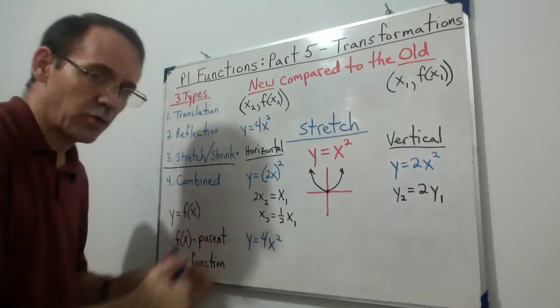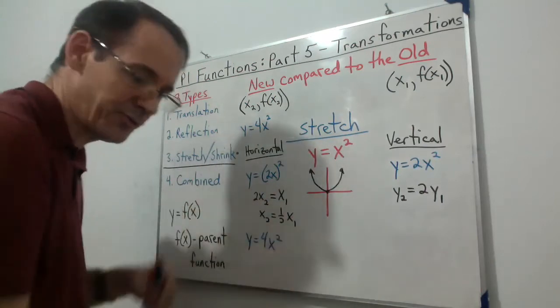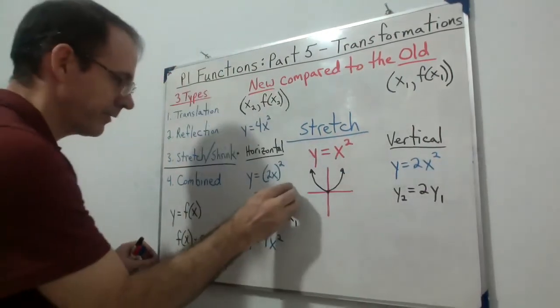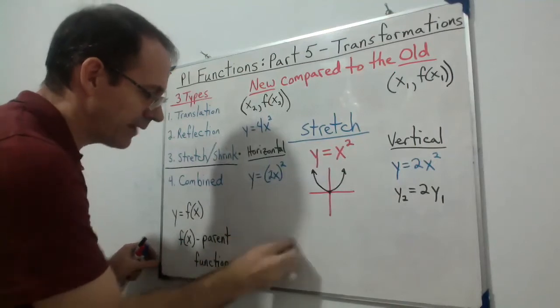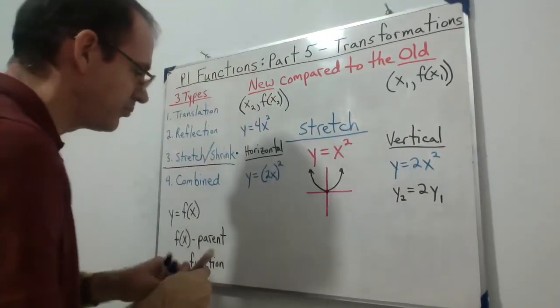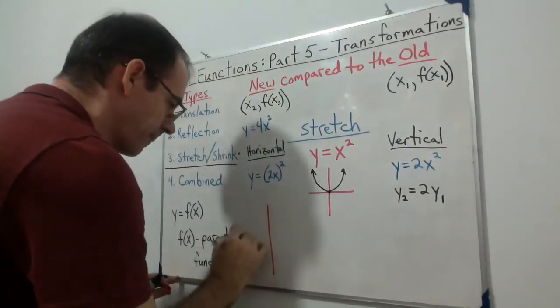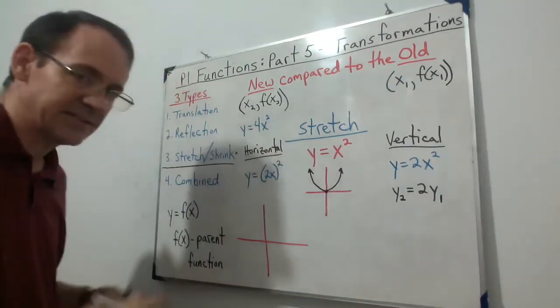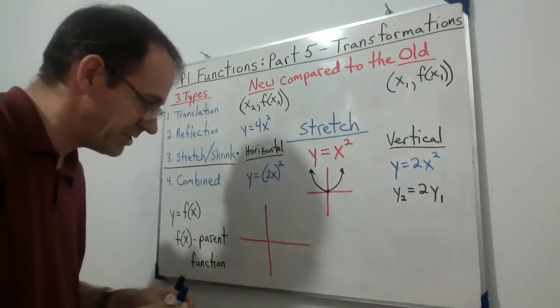This is going to be a horizontal stretch parallel to the x-axis, okay? So when we go to graph this, our vertex is actually still at the origin.